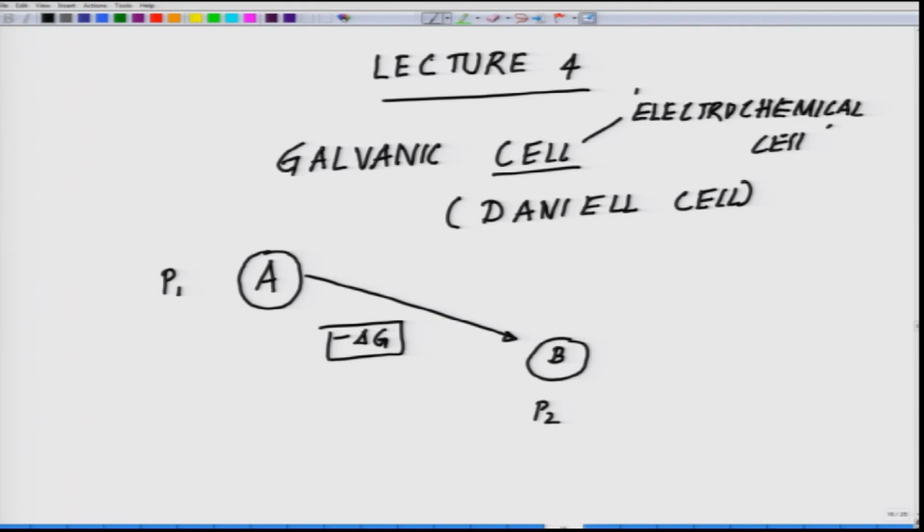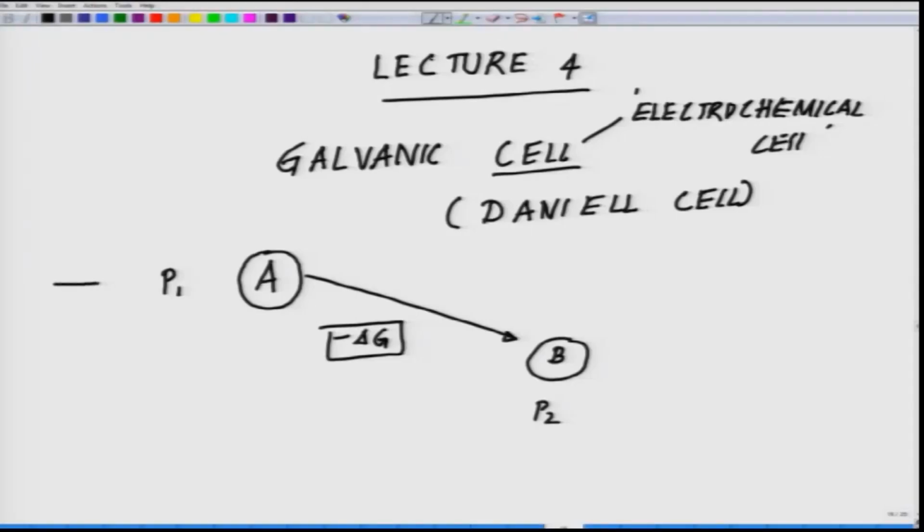Now, how did we calculate this potential, with respect to what? There has to be something with respect to which we calculated these potentials. In other words, we needed a standard. So, that is our P standard. With respect to P standard, we call it P 1, and with respect to P standard, we call it P 2.